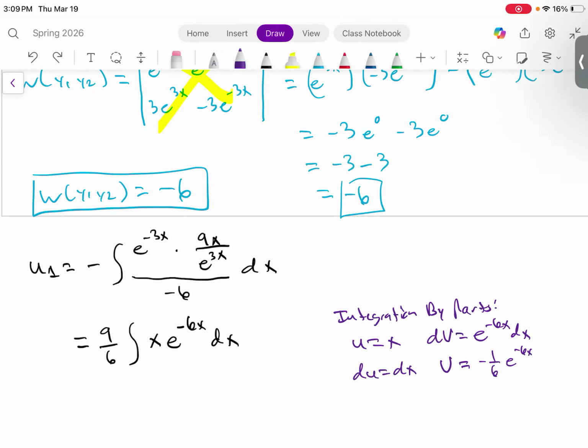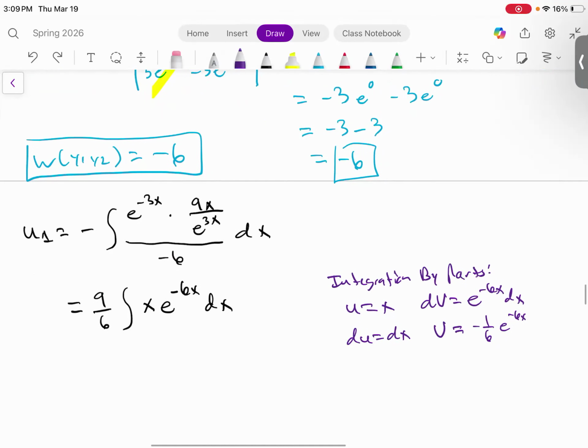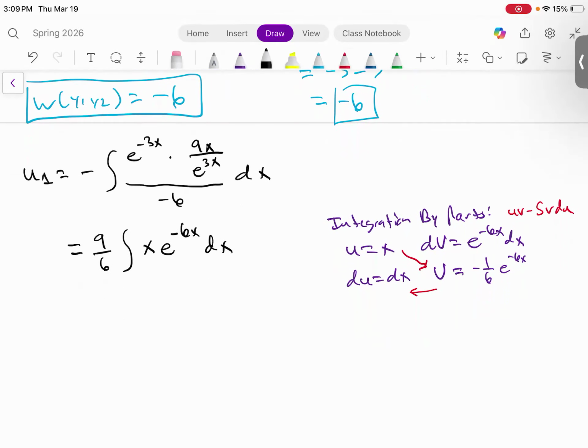And so remember, for integration by parts, it's uv minus the integral of v du. And I like to think about it as crossing over. So uv, v du. So this ends up being minus 6 reduces to 3/2, but negative 1/6 x e to the negative 6x minus the integral of negative 1/6 e to the negative 6x dx.